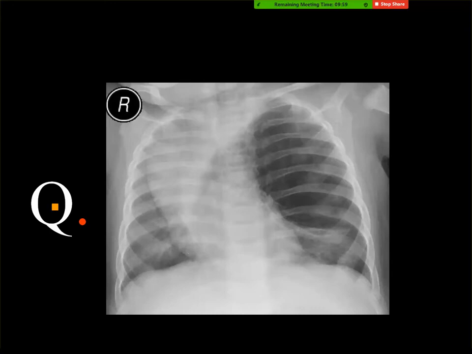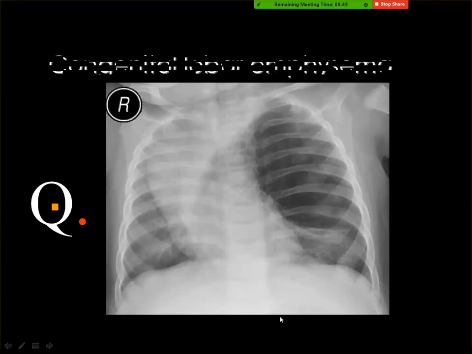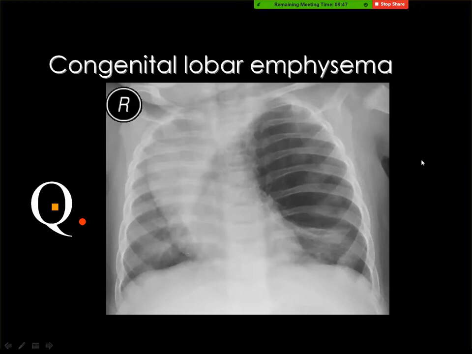Lobar emphysema, left upper lobe. Congenital lobar emphysema. And this is now called congenital lobar overinflation.